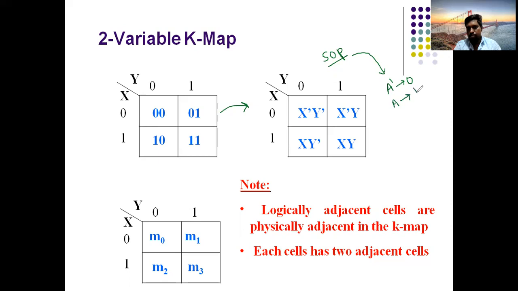These are the two assumptions in case of SOP. By using these two, we can substitute 00. Here x is 0 as well as y is also 0. So x in terms of 0 is x bar, y in terms of 0 is y bar. So the first cell will be replaced with x bar y bar.